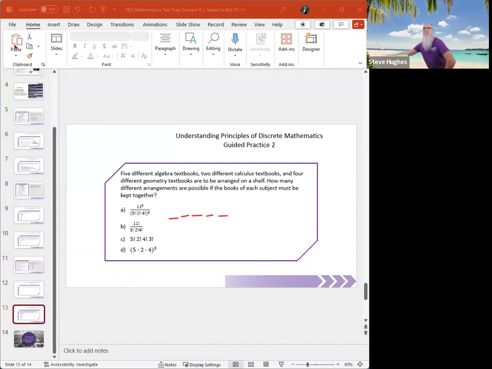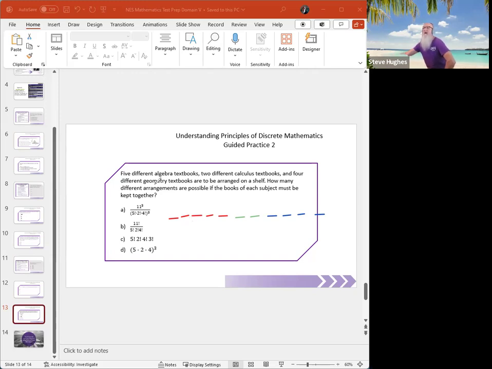Next, I have 2 calculus books, 1, 2 calculus books, and then I have 4 different geometry books. So 1, 2, 3, 4. Now, if I'm going to start counting, I want to figure out how much I can do in each one.